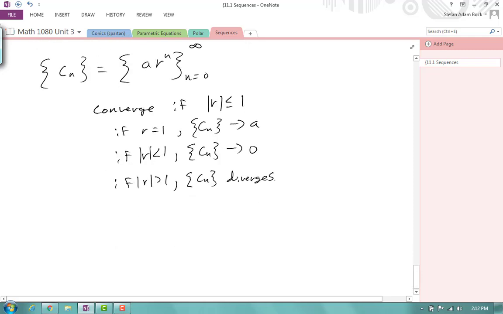There are some other sequences, actually a very large class of sequences, called recursive sequences.